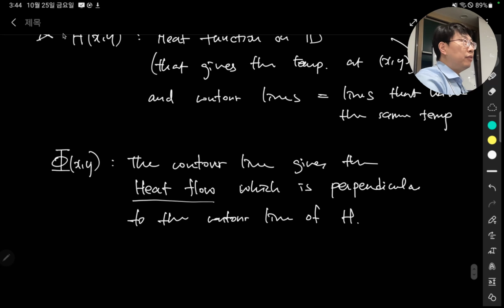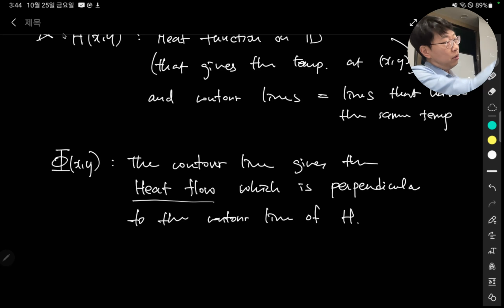The reason why it's heat flow is exactly because it passes the contour line of the heat function perpendicularly, because heat always flows in the direction that changes the temperature fastest. The direction that changes the value of any function fastest is the perpendicular direction to the contour line.